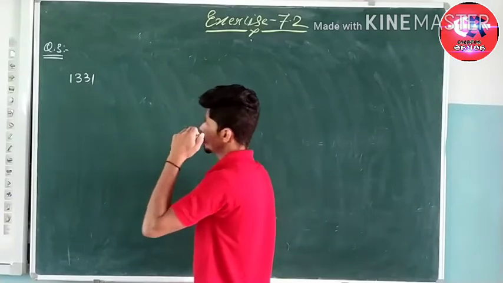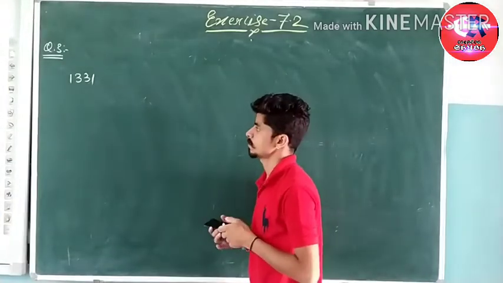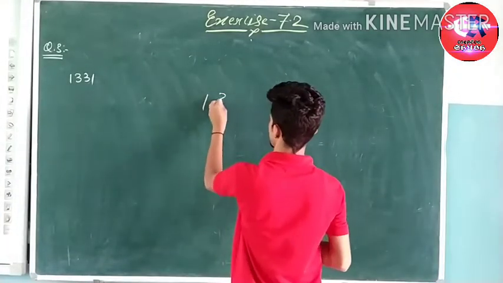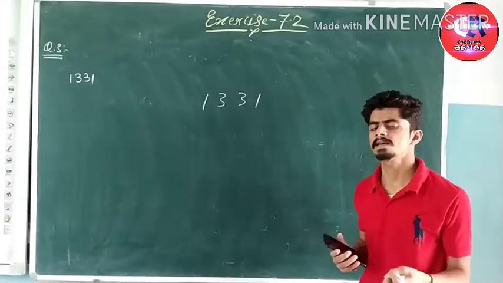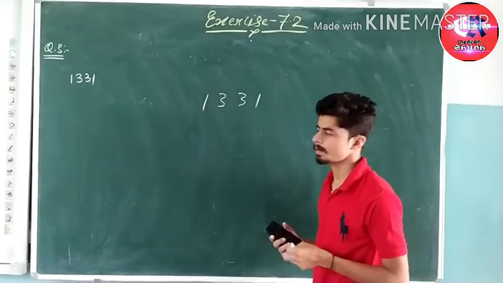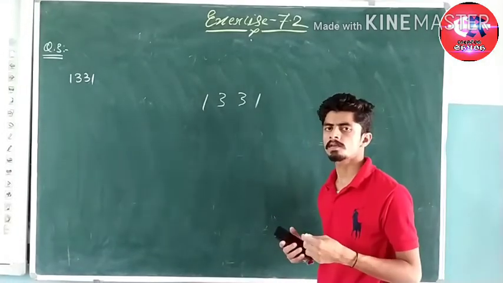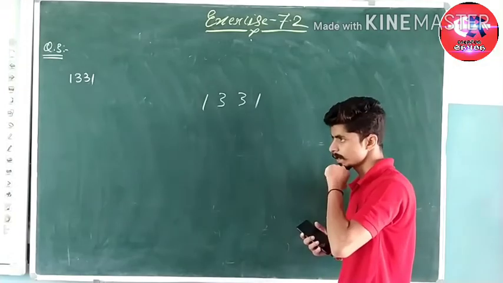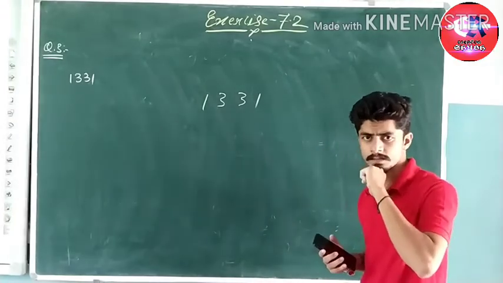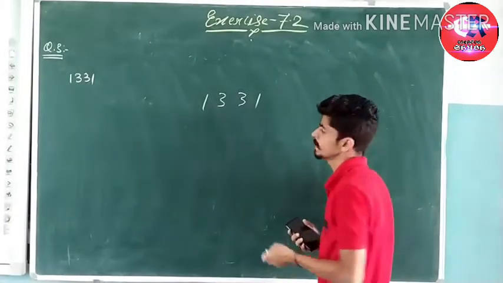as we can see here, 1331 is given in the question. We are going to find the cube root of this particular number. In cube root we have to make groups of 3 digits.